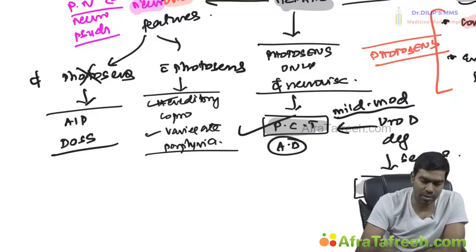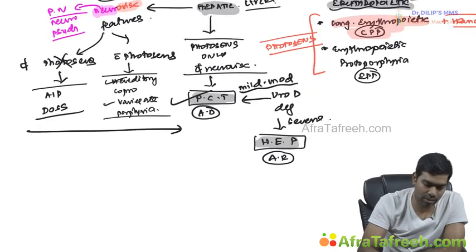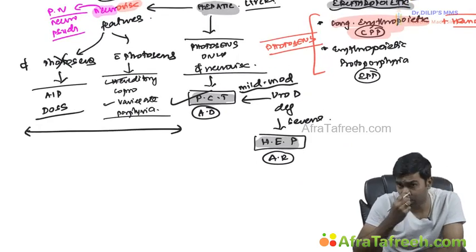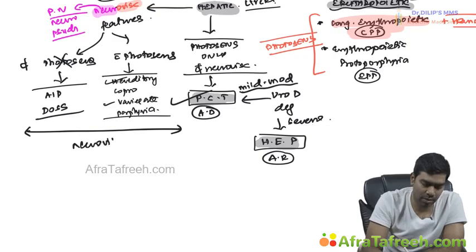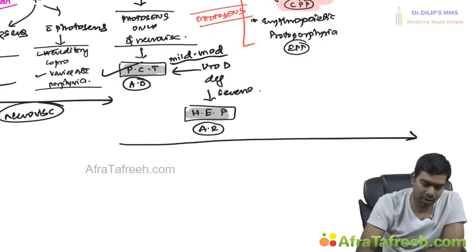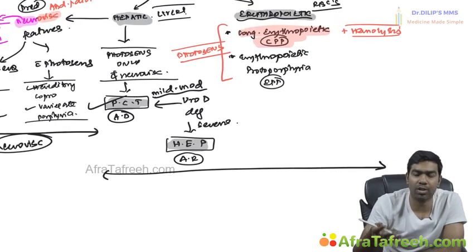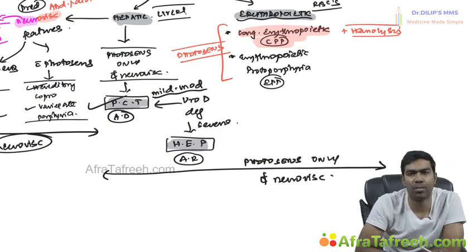So these four porphyrias, AIP, DOS porphyria, hereditary coproporphyria and variegate porphyria, have neurovisceral complications. And hepatoerythropoietic porphyria, porphyria cutanea tarda, congenital erythropoietic porphyria and erythropoietic protoporphyria have photosensitivity only, without neurovisceral complications.